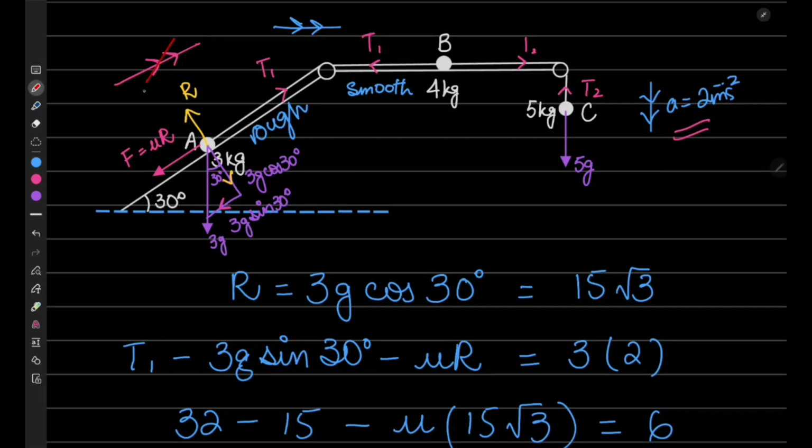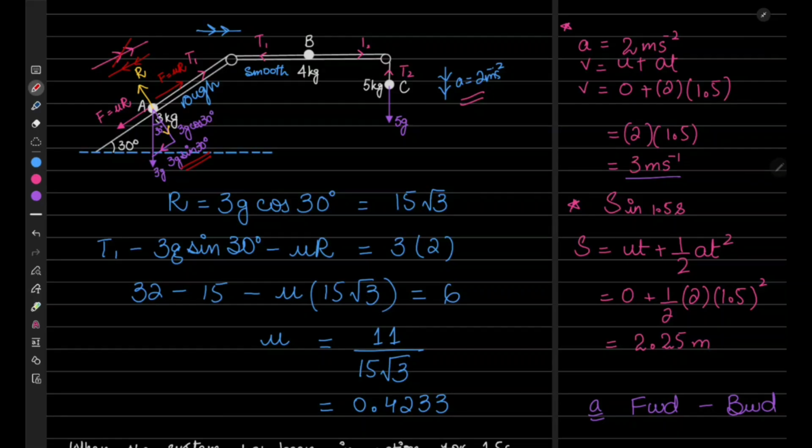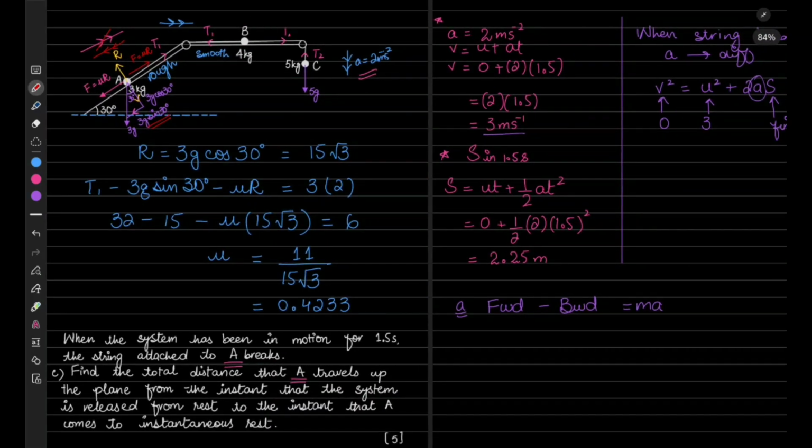It is no longer moving in this direction, it is moving in this direction, under the action of 3g sine 30, and your F equals mu R will be upwards. It is always recommended to make another diagram instead of jumbling up all the things on the same. I have different colors, so I am just representing it on the same.